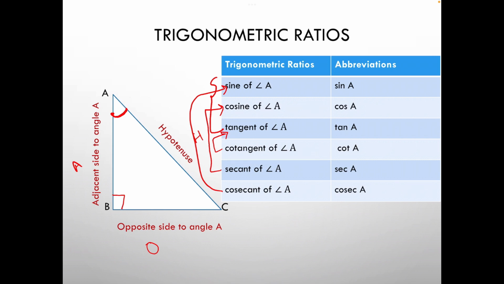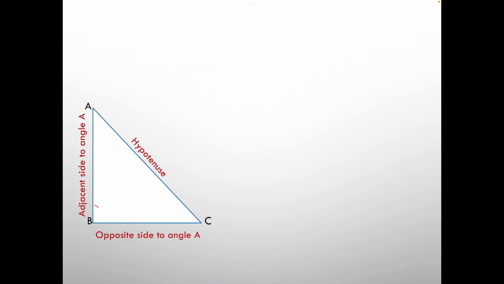How to find them? Let's see. Again I have a right triangle, where angle B is the 90 degree, and I need to find the trigonometric ratios for angle A here. So I have marked, this is its adjacent side and this is the side opposite to angle A. Let's find sine A first of all.